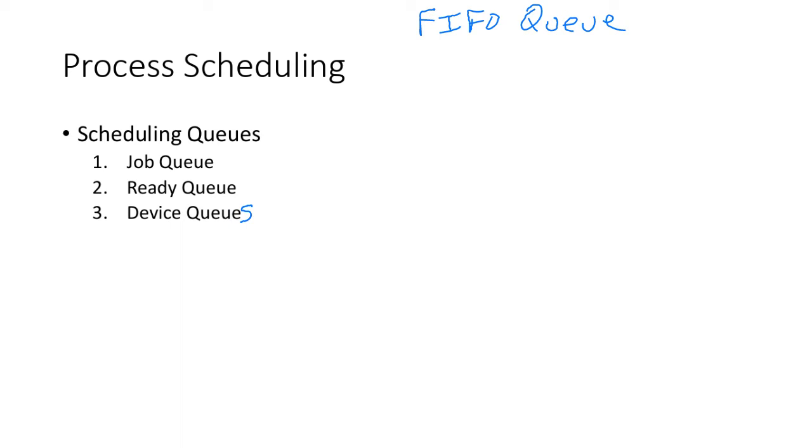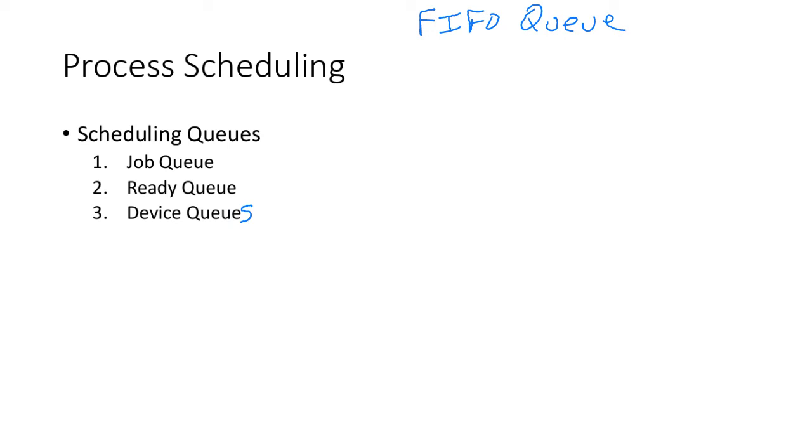Originally, when you had CPU scheduling and other scheduling routines in an operating system, probably the data structure used was a queue, first in, first out. So the name queue is just a standard name they give it, but it doesn't necessarily have to be that type of data structure.